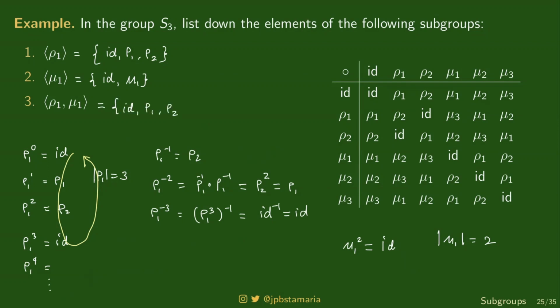Ano yung mga powers ng mu1? mu1 at identity lang. Tapos, isasara mo na ba yan? Not yet. I-check mo pa yung mga possible products ng mga elements. Basically, ang gagawin mo, kukuha ka ng isa sa mga powers ni row 1 at isang power ni mu1. Check mo yung row 1 times mu1. Ano yung row 1 times mu1? mu3. So, sabihin dapat si mu3 nandito din.